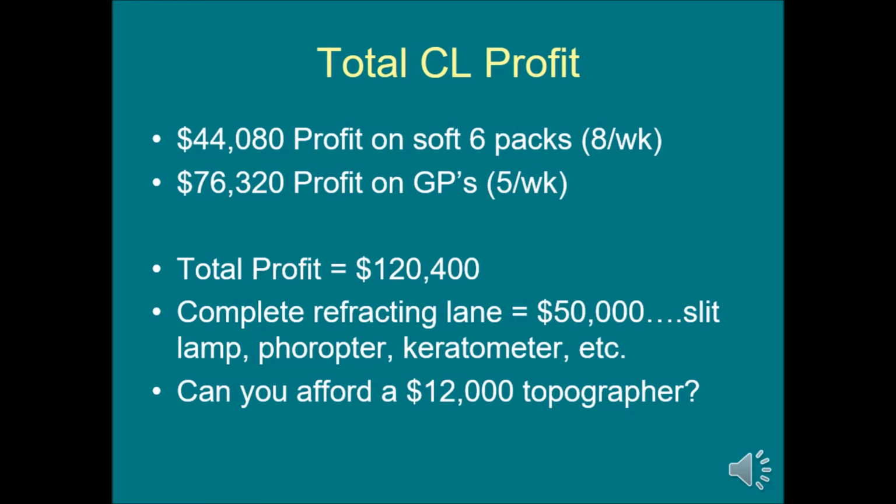Okay, but maybe you had the refracting lane anyway because you had an in-house doctor that was working with you. Maybe you're working for an optometrist or an ophthalmologist, and so that cost was already covered before you got there. So really the topographer is your only additional cost. Everybody's setup is different, so you have to take all of that into consideration.